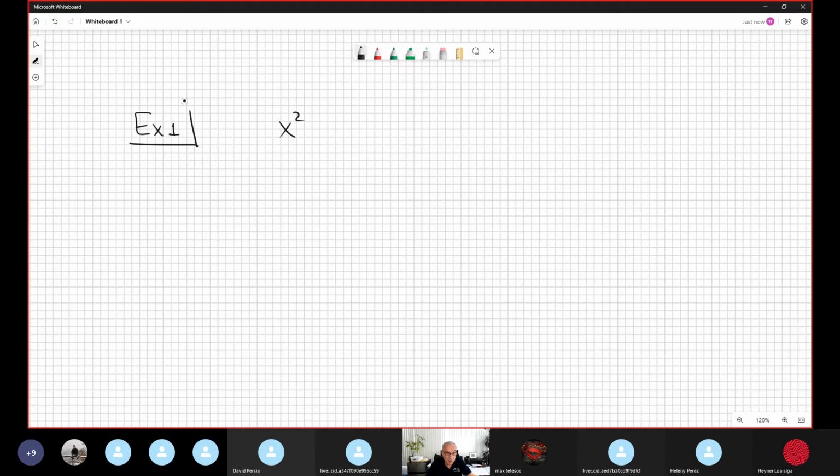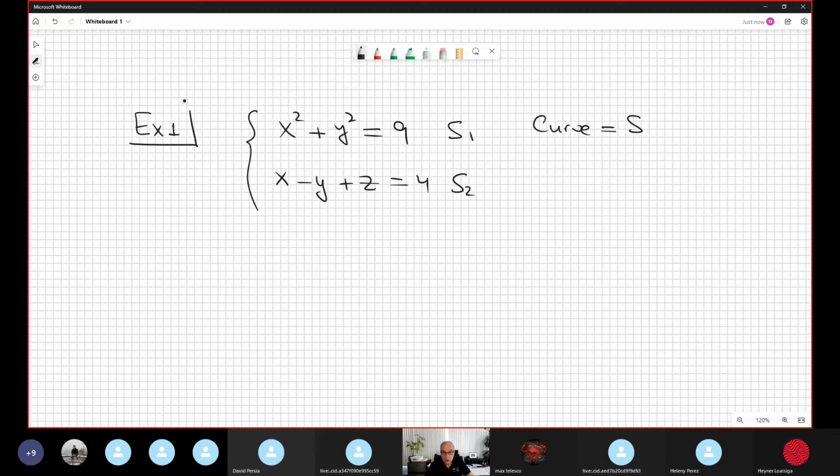Suppose that we have x squared plus y squared equals 9, and suppose that we have x minus y plus z equals 4. Then our curve in 3D space is the intersection of surface 1 and surface 2, and I want to find its parametrization. Do you understand the idea?